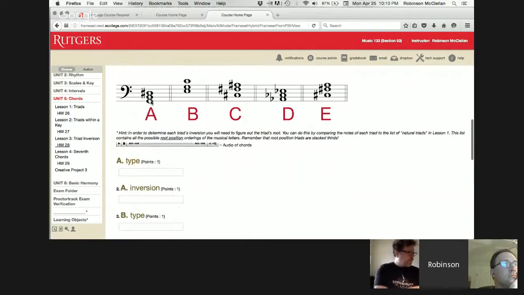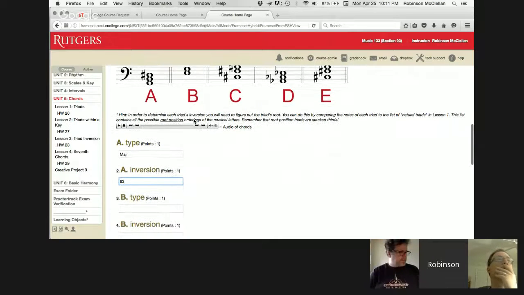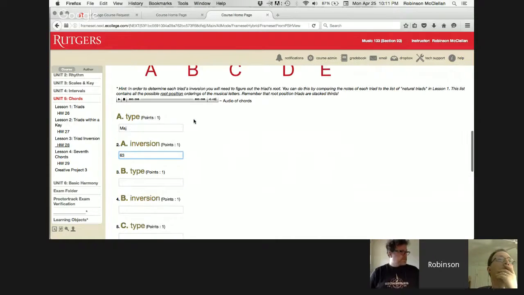Let me do chord B. So I'm going to move the C up here down into the lower octave, so then I have C, E, G, and I know that that's a major chord, so I'm going to put maj, and then the inversion, it's a sixth and then a third, so I'm going to put 6-3, or I can look at it and say the gap is at the top, so that's first inversion, and that's always 6-3. So I think that's it.